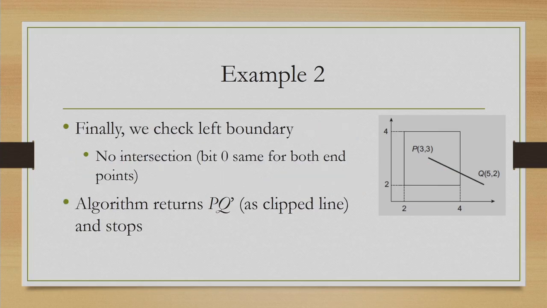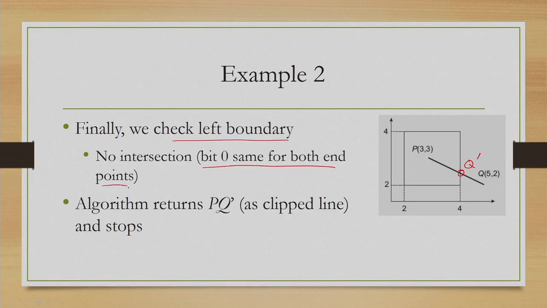One thing was left earlier, we checked for above, below, right boundary, we did not check for left boundary. However, as we can see with the region codes of P and Q dash, because that is the new line segment, bit 0 is same for both endpoints.